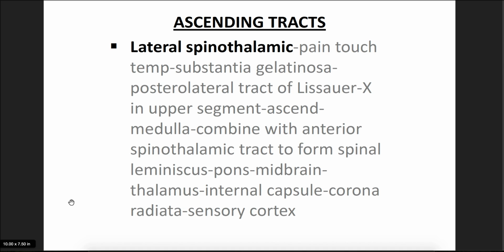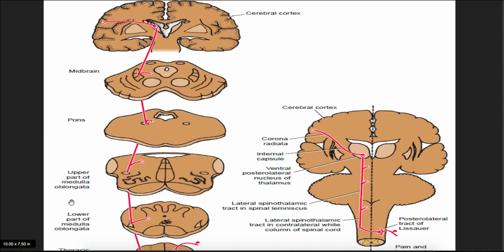Ascending tracts: lateral spinothalamic tract, pain, touch, temperature, substantia gelatinosa, posterolateral tract of Lissauer, upper segment crossing, ascending above the medulla, combining with the anterior spinothalamic tract to form the spinal lemniscus, then above into the pons, midbrain, thalamus, through the internal capsule and corona radiata to the sensory cortex.